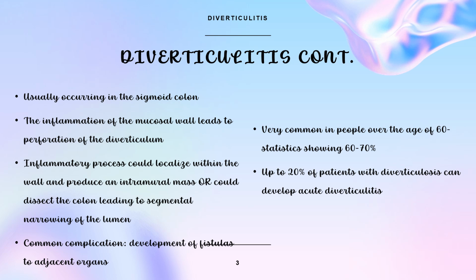You take care of yourself less, you're not eating as much, and so it can cause all of those issues. But up to 20% of patients with diverticulosis can develop acute diverticulitis, which is not a very big number, but I'm sure for those 20% that are having to deal with it, it has to suck. So I do feel for them.